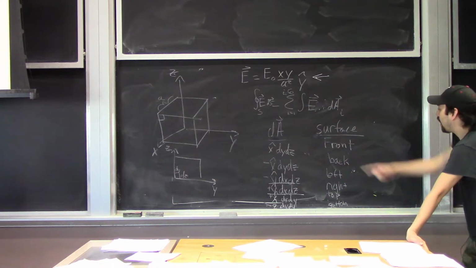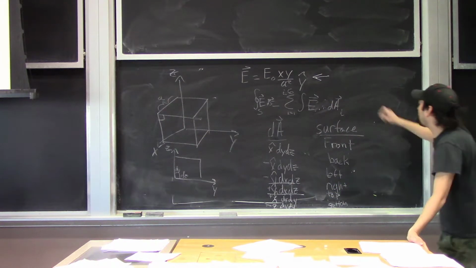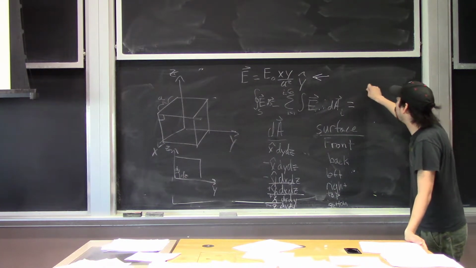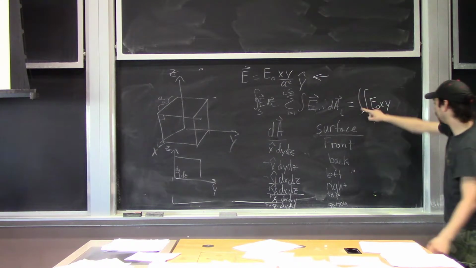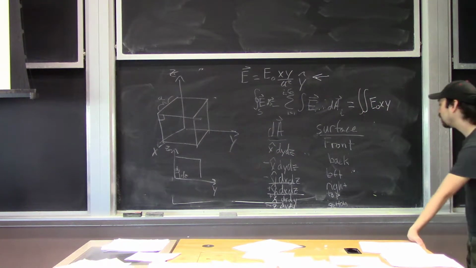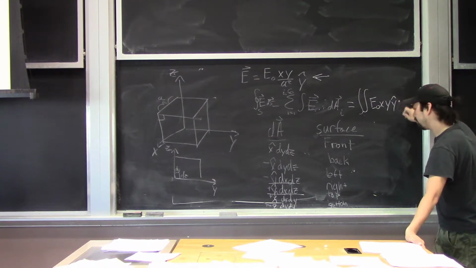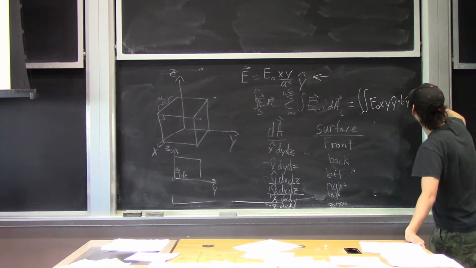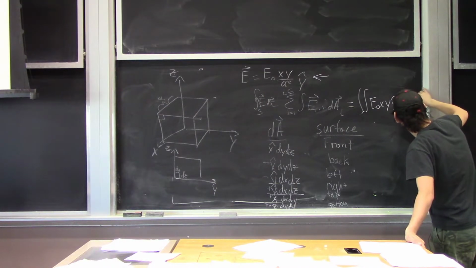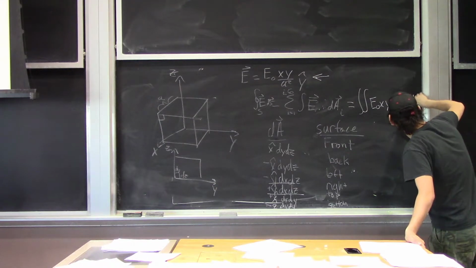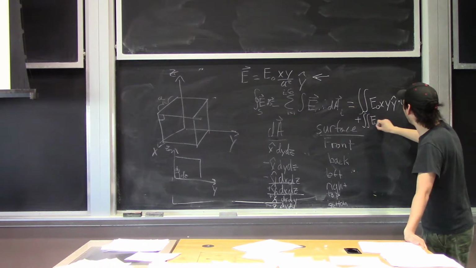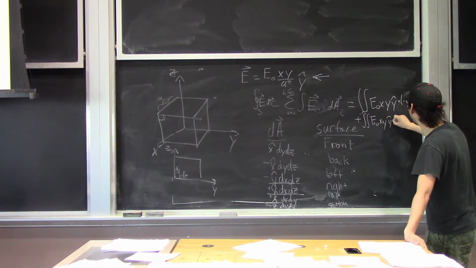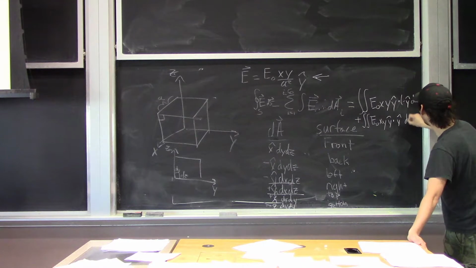Okay. So let's go ahead and take those dot products and put those together. This is going to be the integral of E0 x y, and in principle this is a double integral because we have a dx dz, y hat dot minus y hat dx dz, plus the integral of E0 x y, y hat dot y hat dx dz.